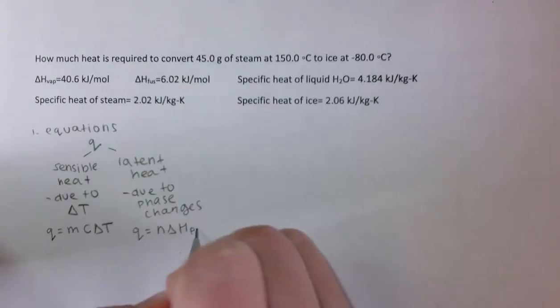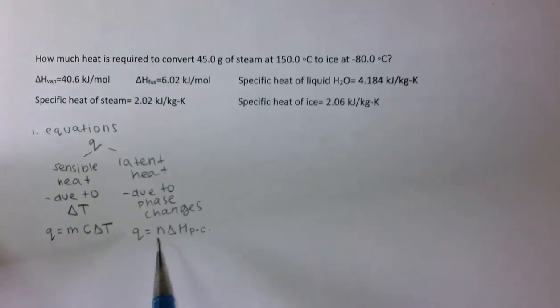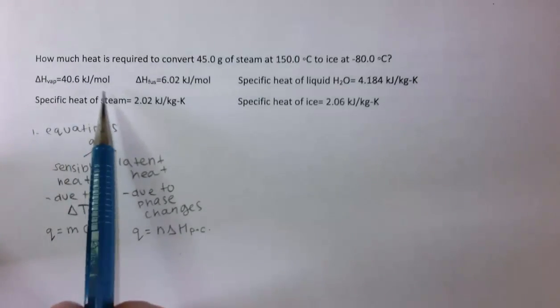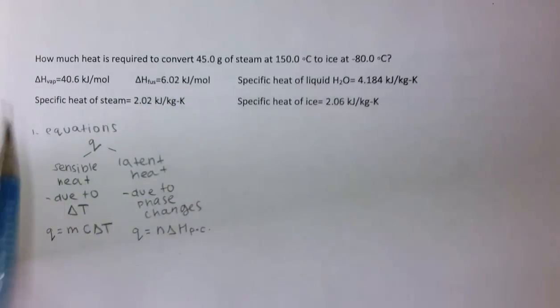So for now, I'll just put PC for phase change. And in this case, I do have it in terms of moles, because if we look in the information given in the problem statement, our delta H of vaporization and fusion are given in per moles. So we need to multiply these terms by moles to get kilojoules.